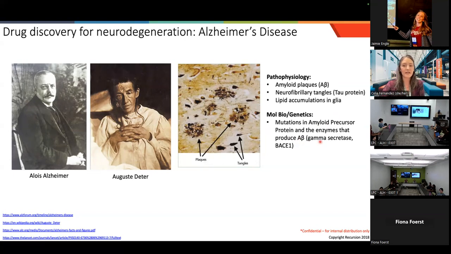These enzymes are called gamma secretase and beta secretase, or BACE. This is very interesting, very compelling evidence. There are mutations that lead to this overproduction of A beta in patients that get Alzheimer's disease. We also know that amyloid beta is accumulated in these plaques, so this must be related.